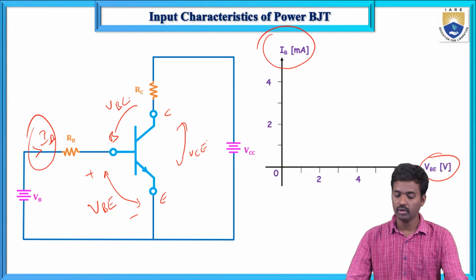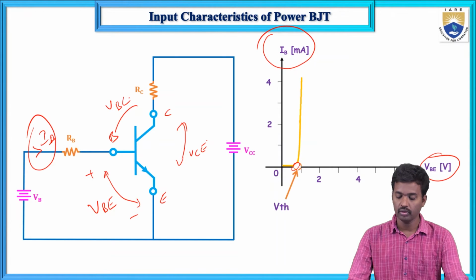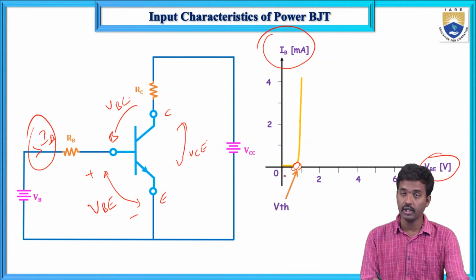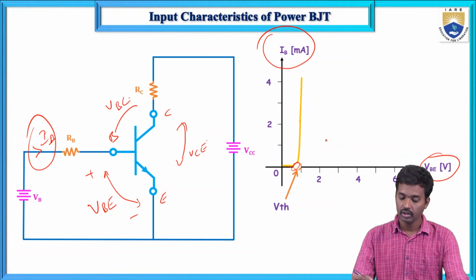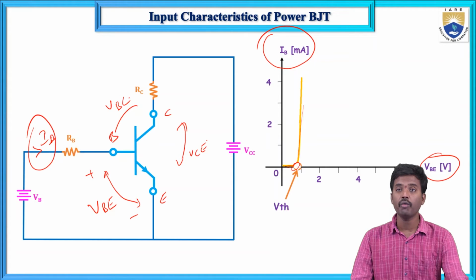So this is the cut-in voltage, the threshold value. Because of the transistor junction capacitance, it will not conduct up to this. This is the delay time. So this is zero, and after that it increases. This is the input characteristics of power BJT.